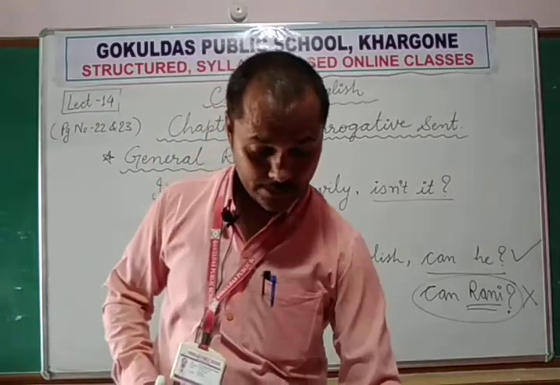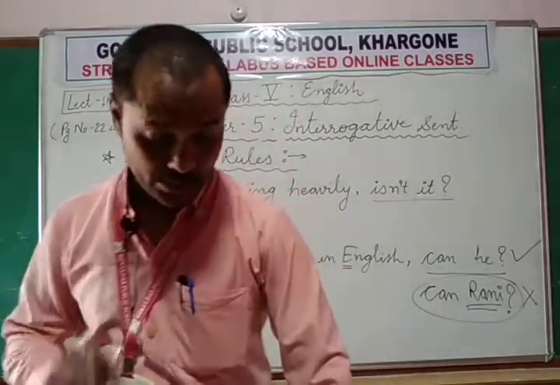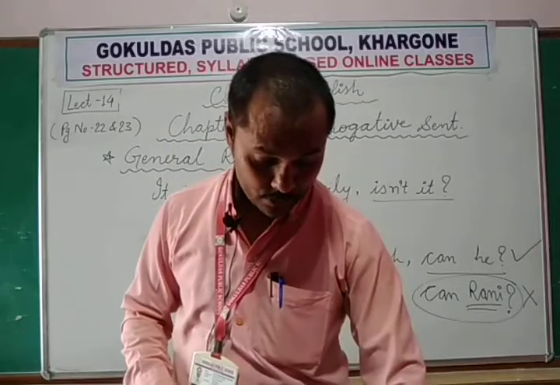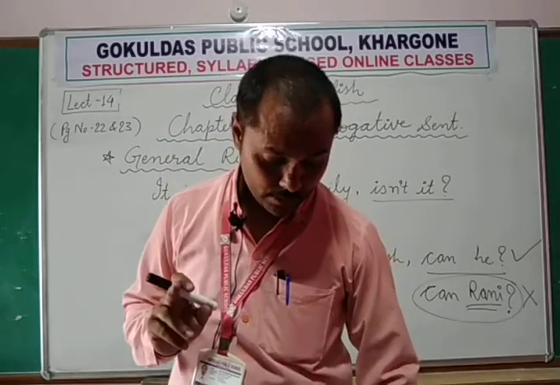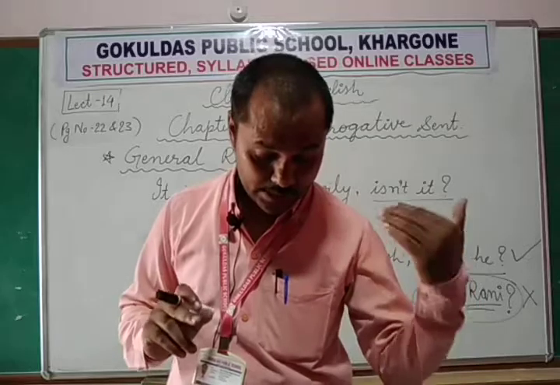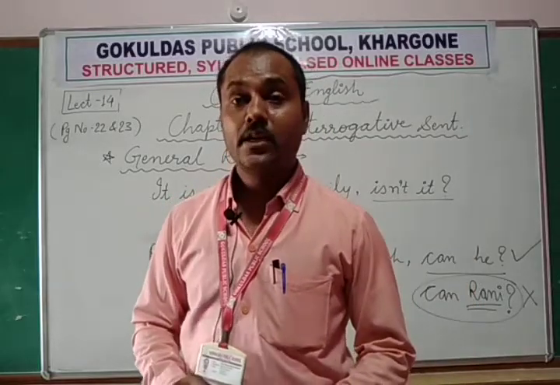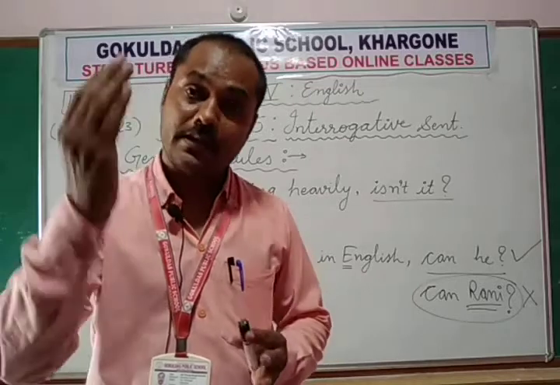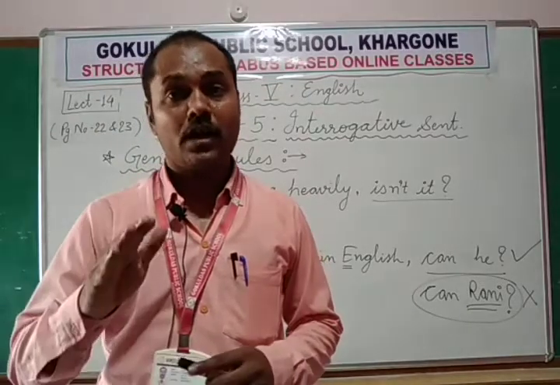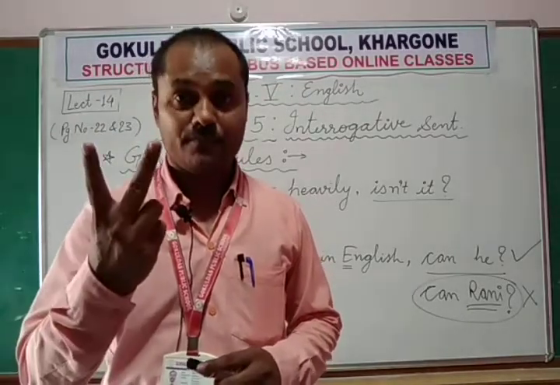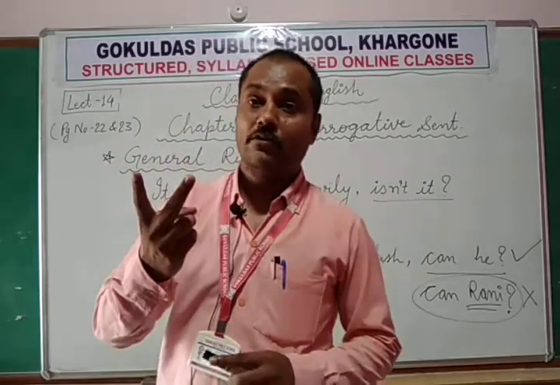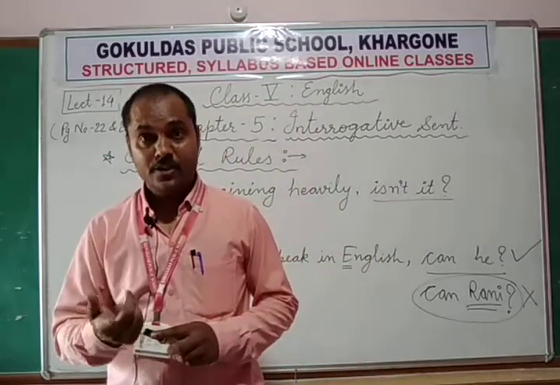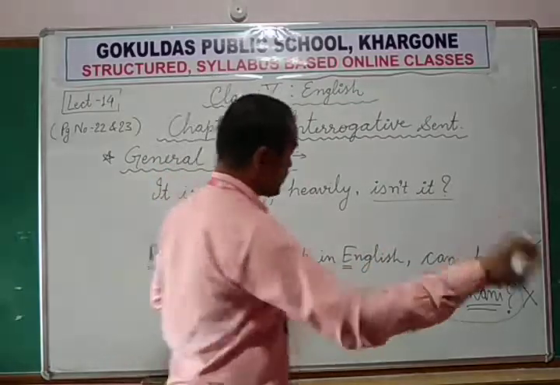In table A, there are 12 sentences. Then 10, 12 and 22, 22 and 5, 27. So there are 27 sentences. So out of 27, how many did you get correct? Suppose out of 27, 2 are wrong and you have done 25 correct. So you can give yourself some marks.